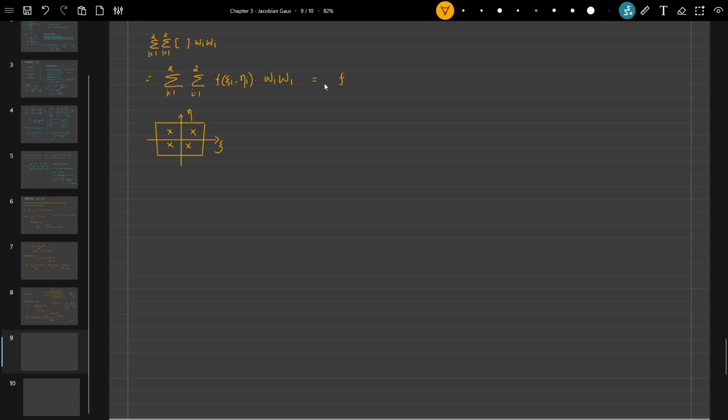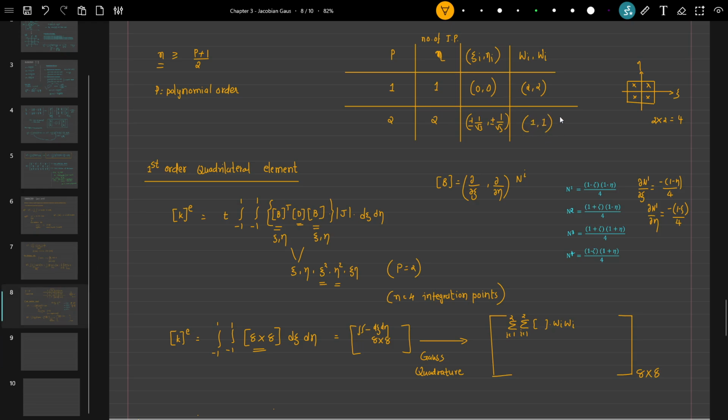So I will just write it for each term. So f of zeta I eta I. So 4 integration points, this is 1, 2, 3, and 4. First integration point, this is IP1. The coordinates of that are minus 1 by root 3, minus 1 by root 3. And as we know, the weighting factors for all the integration points are 1, 1.